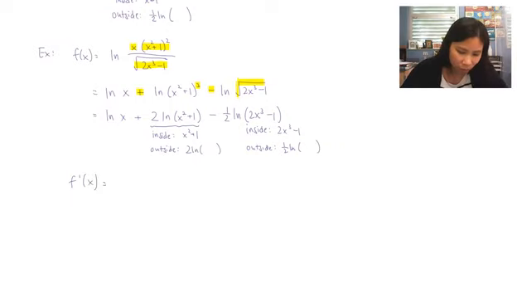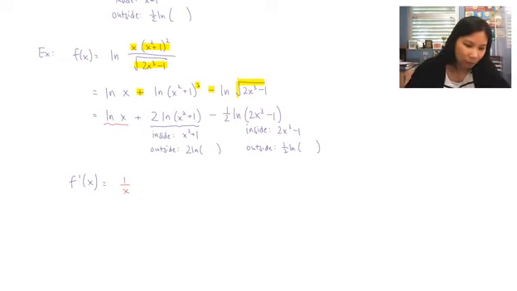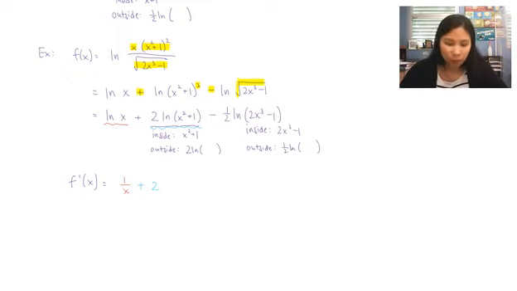Okay, so when we find the derivative, I'm just going to go part by part. I'm going to start off with this natural log of x. The derivative is 1 over x. Easy. Okay, next. Now I'm going to look at that middle term. So the 2 natural log of x squared plus 1 will require chain rule, so it's got a plus in front. And then the derivative of the outside is the constant multiplier of 2 with the natural log.